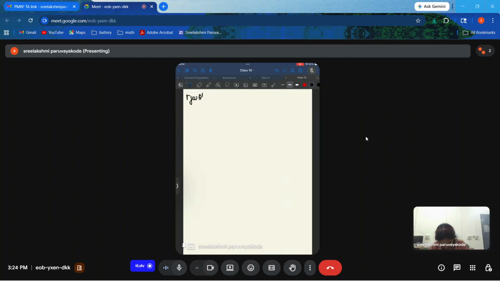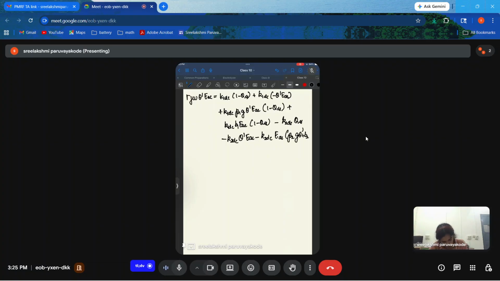Gamma j omega theta dash EAC equal to K1 DC 1 minus theta SS plus K1 DC minus theta dash EAC plus K1 DC beta 1 G theta dash EAC 1 minus theta SS plus K1 DC B1 EAC 1 minus theta SS minus K2 DC theta SS minus K2 DC theta dash EAC minus K2 DC EAC beta 2 G theta dash plus B2 theta SS.